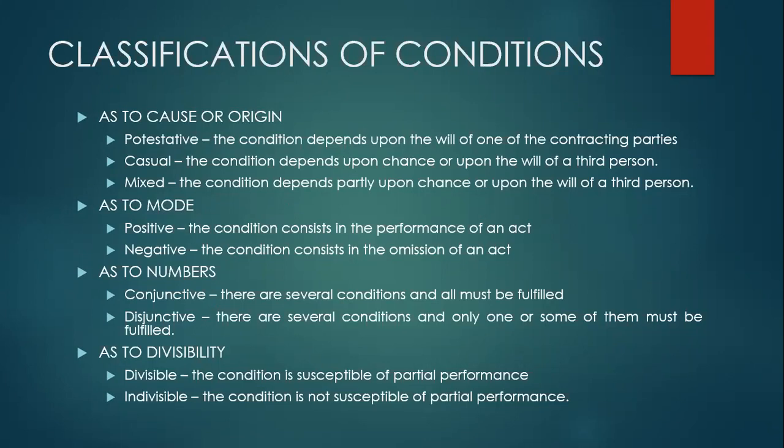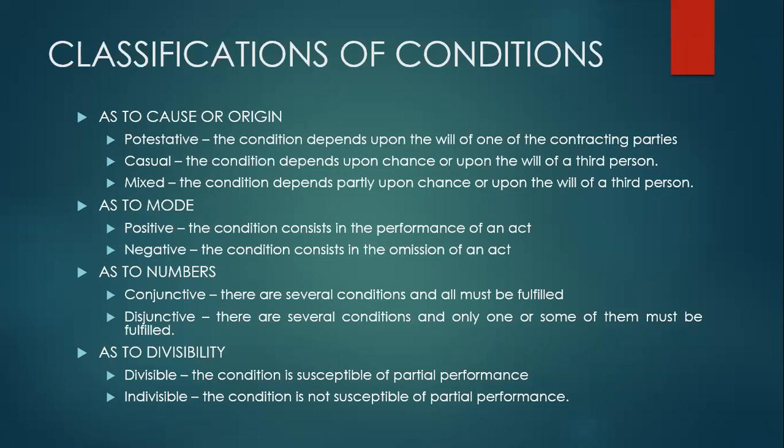The condition is negative if the condition consists in the omission of an act, meaning the condition consists in not doing an act. As to numbers, it is conjunctive if there are several conditions and all must be fulfilled. It is disjunctive if there are several conditions and only one or some of them must be fulfilled.